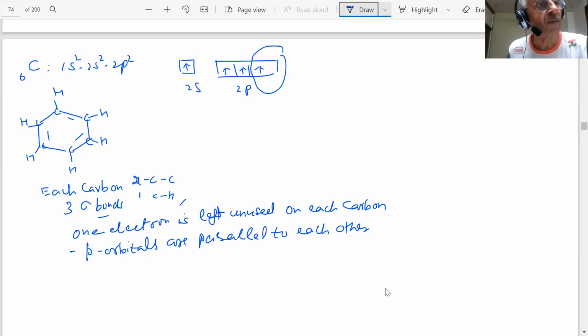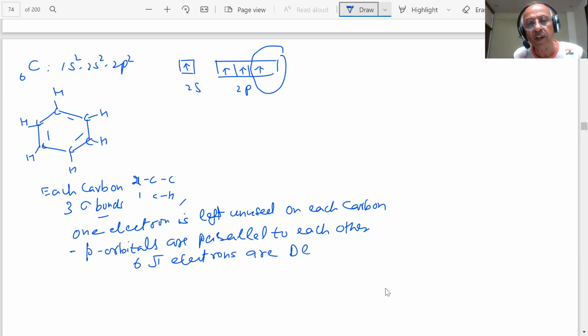In the case of benzene, students, the six pi electrons are delocalized over the entire ring, which means six carbons.